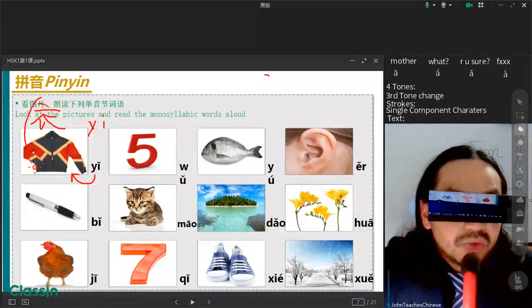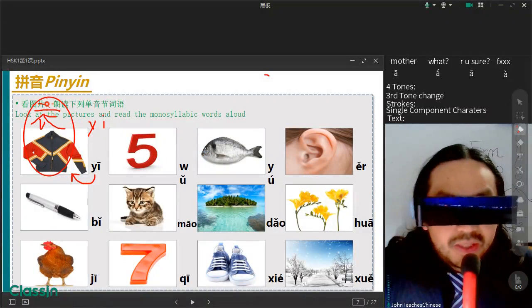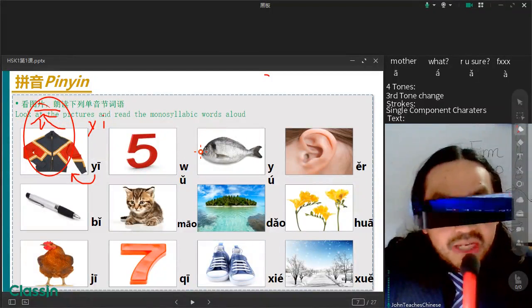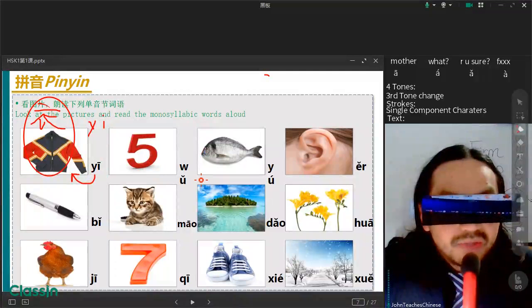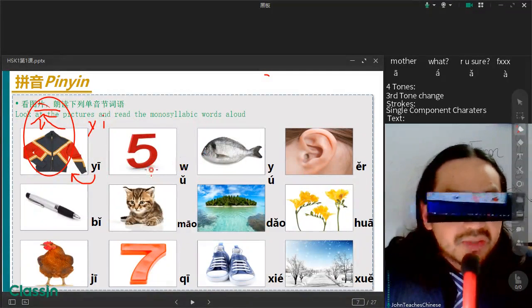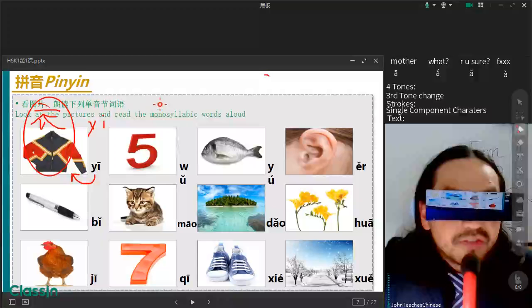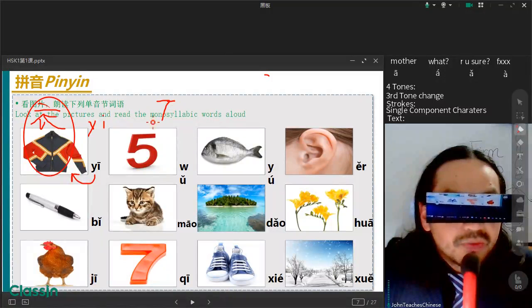But the kanji you do not need to remember. It's not the aim for this lesson. If you have already mastered how to read this, you can try because most of these kanji are very useful. But again, it's not the aim. Wu, which means 5. You need to write in this way. I will write it properly.